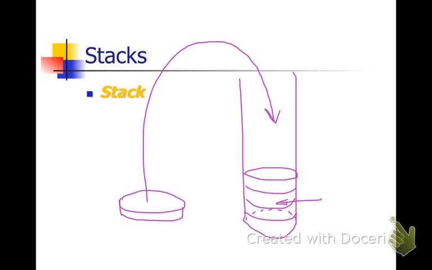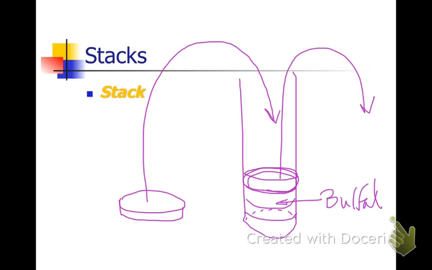Well, this is the top right here. The fourth nickel is my top. So what I've got to do is pop that nickel off before I can get to my buffalo head nickel. Okay? So because of that, it is a last in, first out structure.